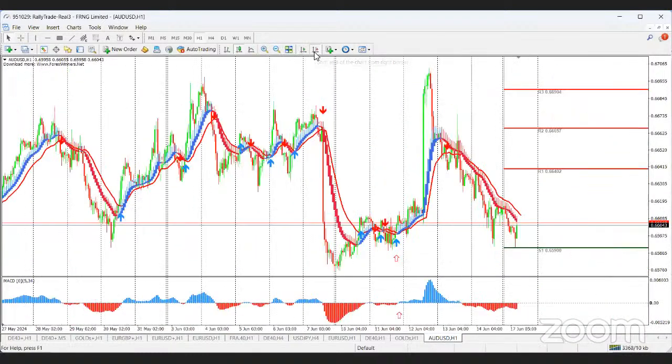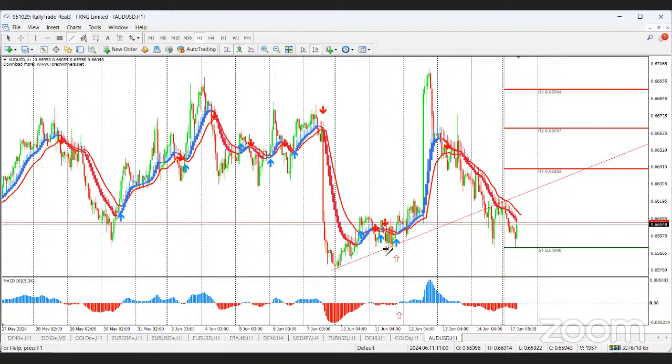Now, finally, there are some of us that also look at divergence. What do I mean by divergence? If you look at this instance here, the lows are getting higher, right?